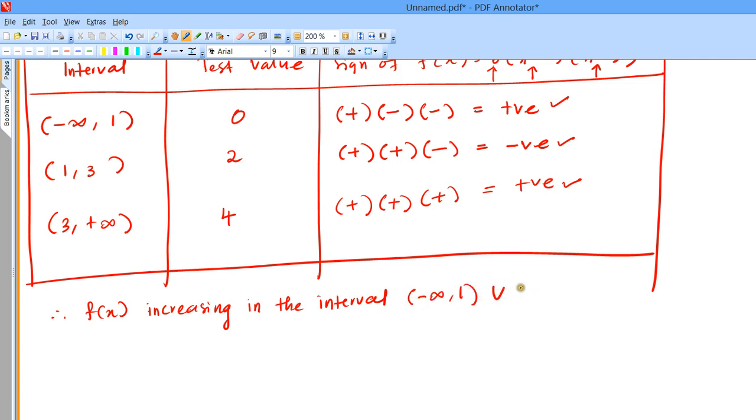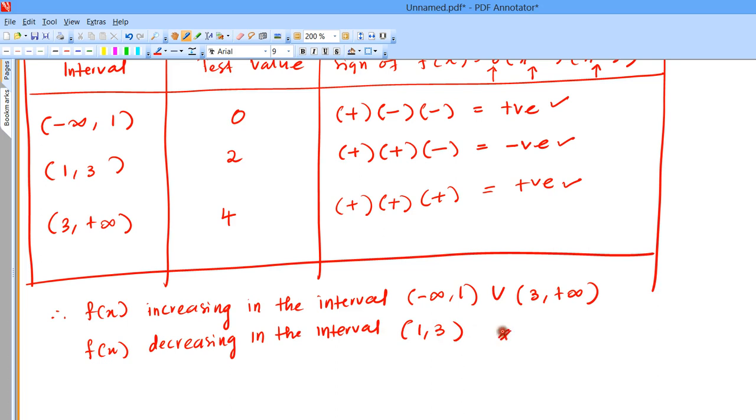And the second conclusion, f(x) is decreasing in the interval 1 to 3.